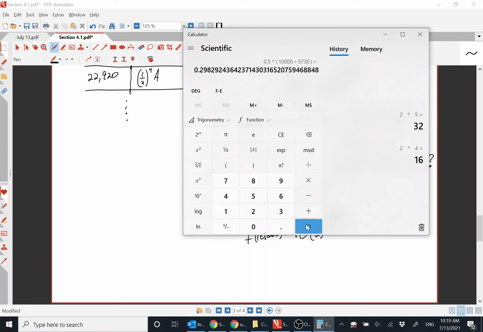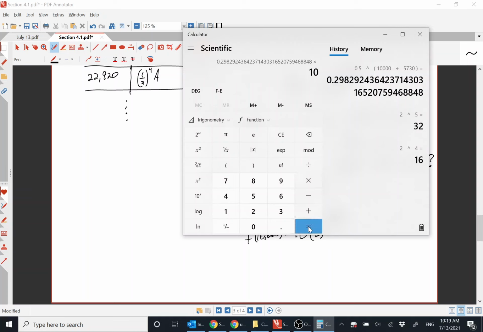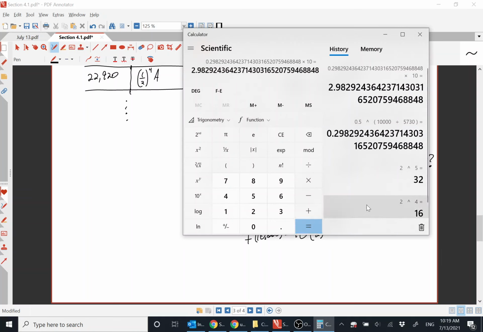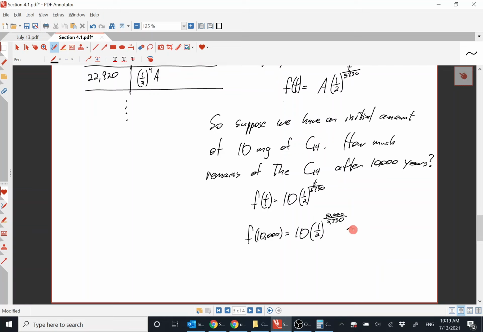And that's equal to this, 0.298. And of course, I need to multiply that whole amount by 10. So right about 3, right? 2.98 milligrams. Just like we were saying, it was almost 2 cycles of the half-life.